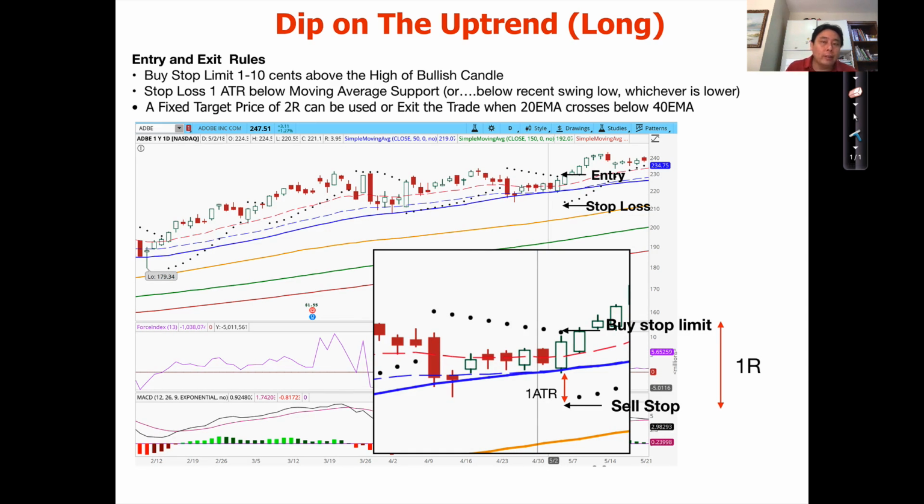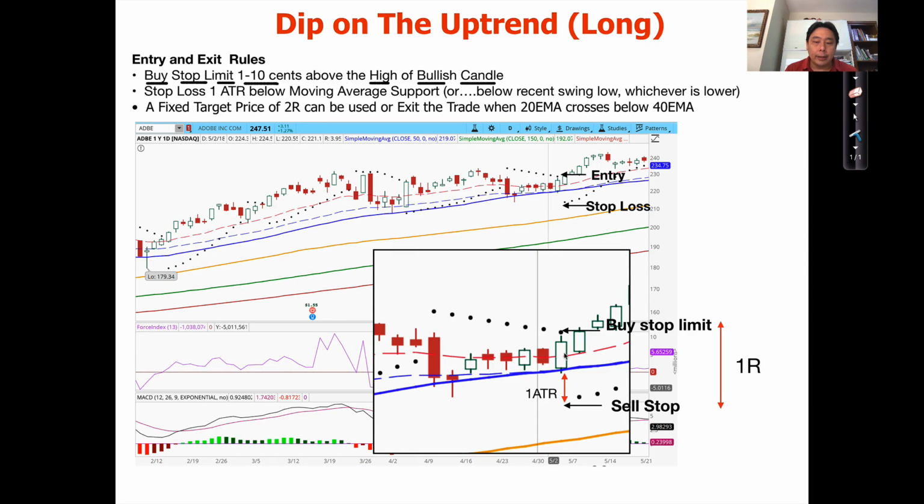So once we've got all the long setup conditions met, we can place our buy order, our stop loss, and if you want to, a profit target as well. So let's run through the specific entry rules. We can place a buy stop limit order 1 to 10 cents above the high of that bullish candle. If you zoom in, this is what it looks like.